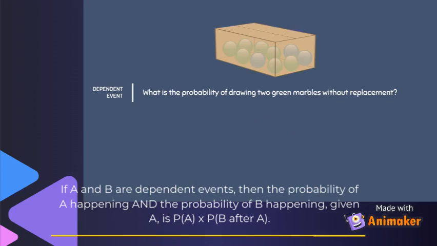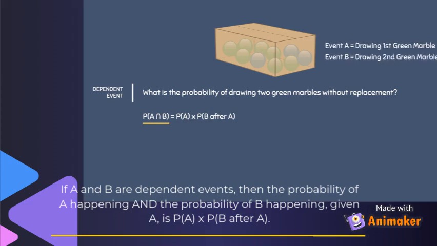To solve this question, we will use the formula, except we have to make some modifications to it. The probability of A and B is equal to the probability of A times the probability of B after event A has occurred. I will assign event A as drawing the first green marble, and I will assign event B as drawing the second green marble. The probability for drawing the first green marble is equal to 7 over 10, since the box is untouched.